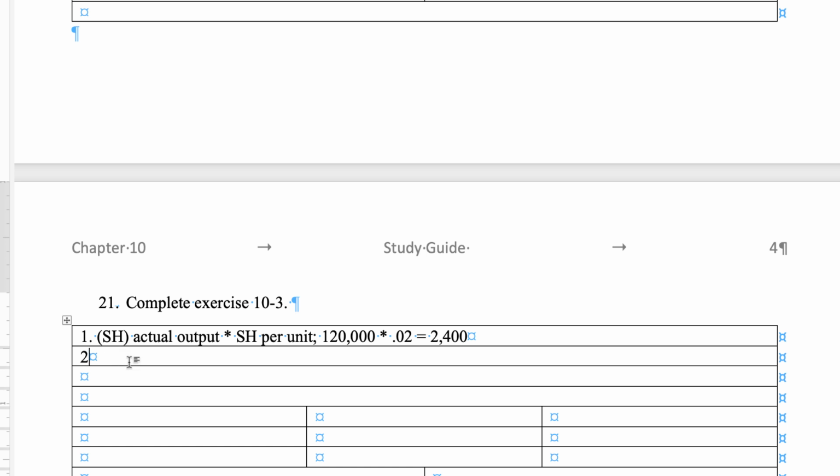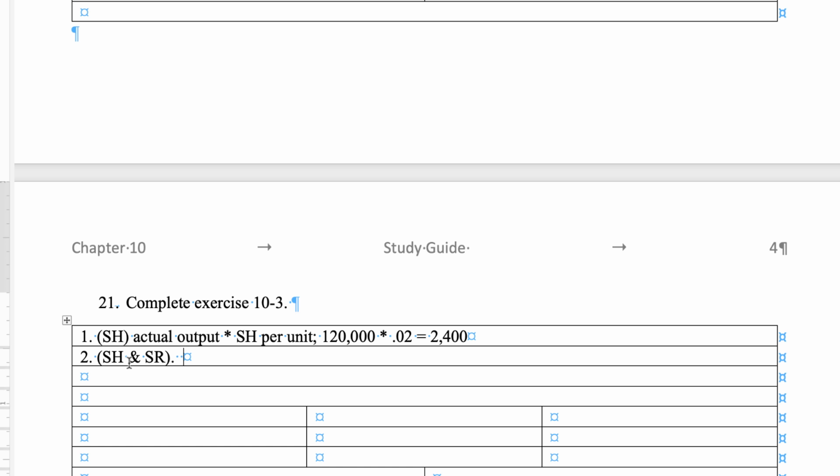Okay. Number two says, hey, what is the standard labor cost allowed, right? So what's my standard cost? Well, that's pretty easy for me to do, right? What's the standard variable overhead cost that's allowed? They want us to figure out what is the standard hour at the standard rate. Well, that's easy. We can figure that out no problem.